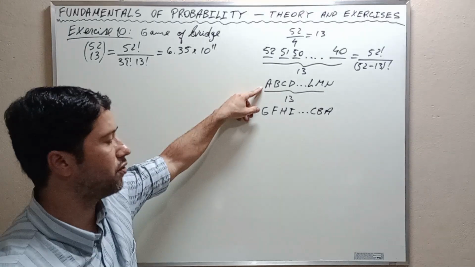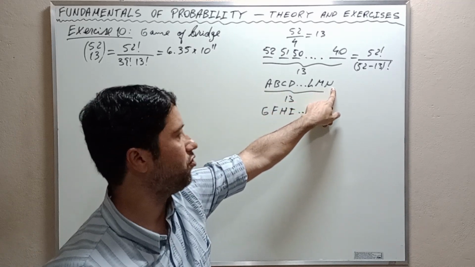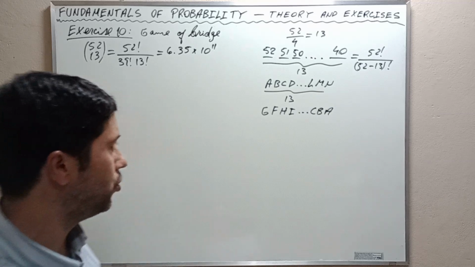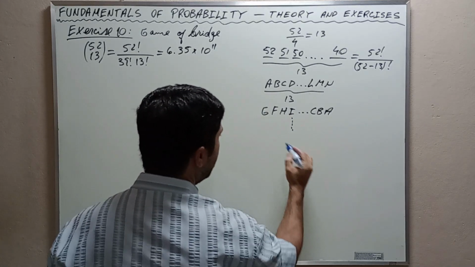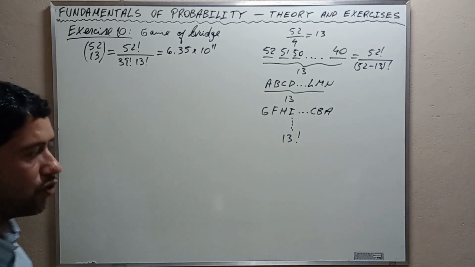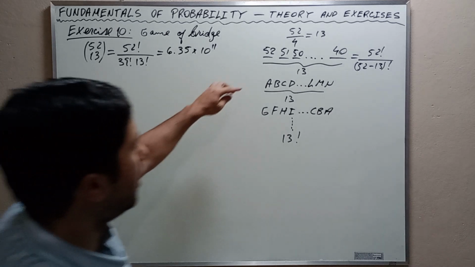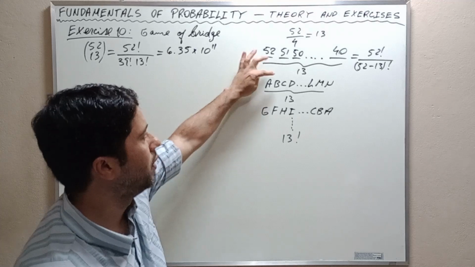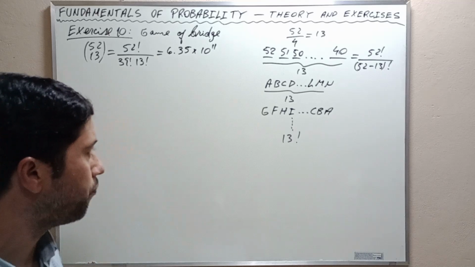Let's take the letters of the alphabet. From A to N, there will be 13 letters, and we are using the letters to represent in a generalized way the cards of the deck, these 13 cards. So I'm going to have 13 factorial repetitions of the same hand with the same cards, but dealt in a different order. Here, card A was dealt first, card B was dealt second, card C was dealt third.